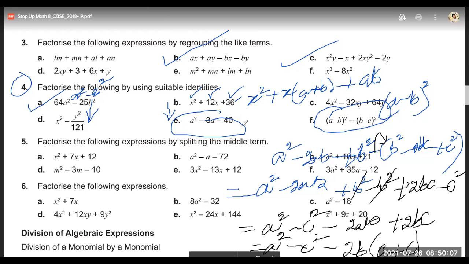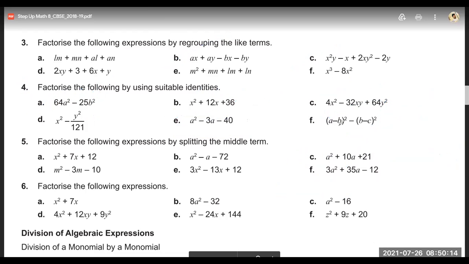But actually, what is asked here? Using identities. Okay, we don't require to do all this stuff. This is actually looking like a square minus b square. In place of a we have a minus b, and in place of b we have b minus c.